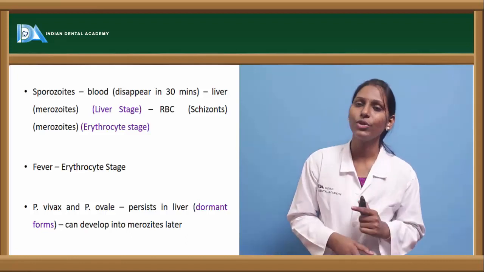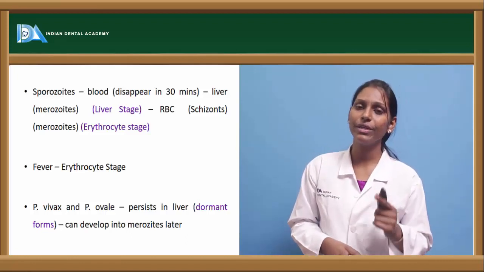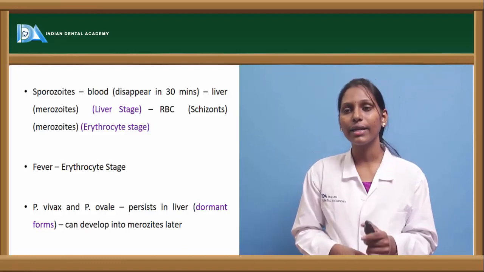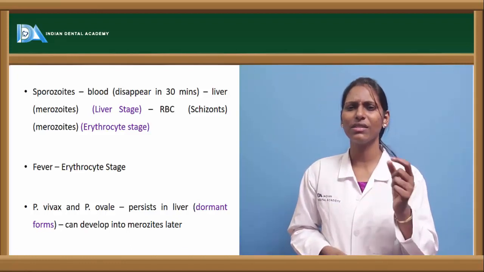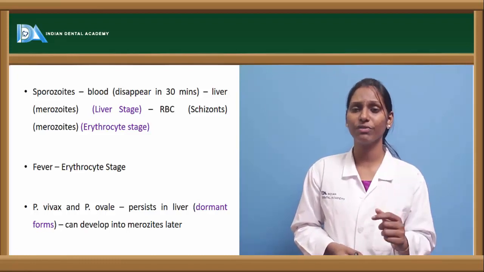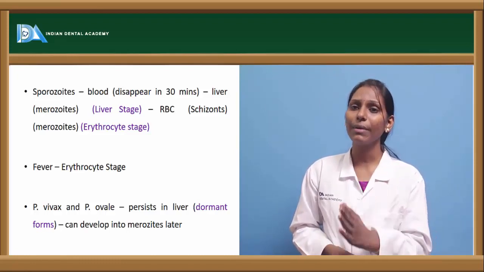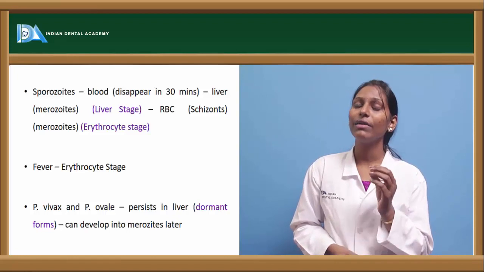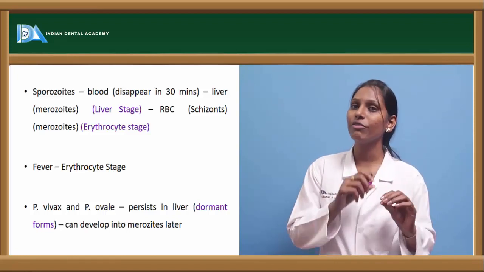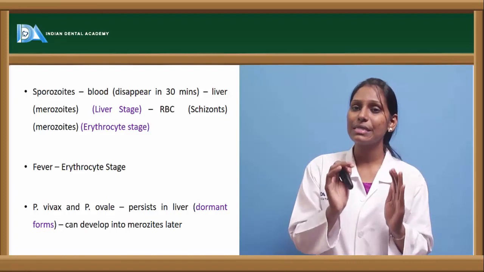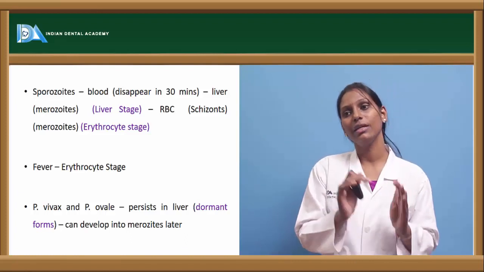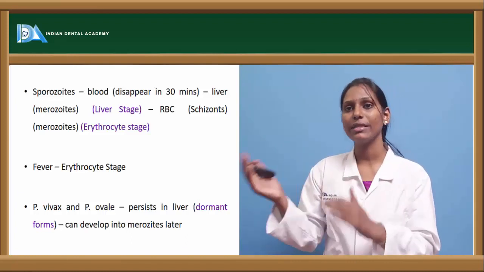Plasmodium vivax and Plasmodium ovale are other common causes of malaria, but there is a small difference in the pathophysiology. Plasmodium ovale and Plasmodium vivax persist in the liver instead of going from the liver into the blood. They are present in a dormant form within the liver and can develop into merozoites later.